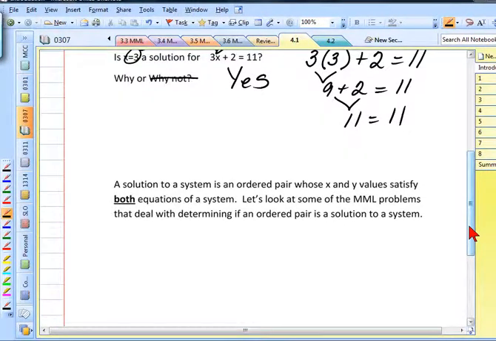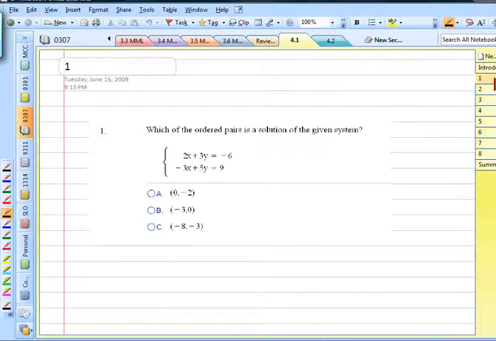Let's look at some of my math lab questions that deal with determining if an ordered pair is a solution to a system. Okay, so I'm going to go to question number 1 in my math lab. So if you printed the notes, this is question number 1. If you did not print the notes, then as I write things, I'll write them larger and you can see what's going on.